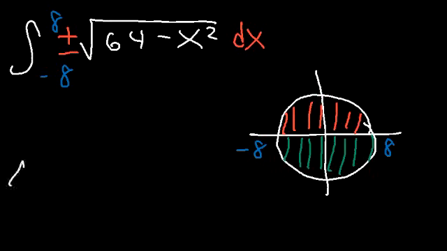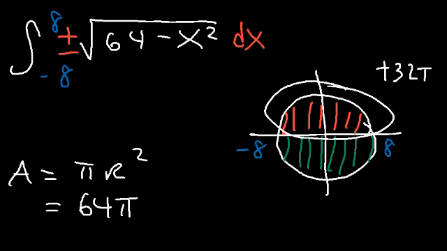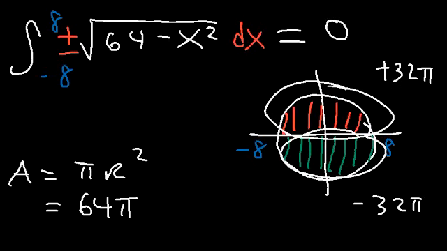The area of the entire circle is pi r squared. And r squared is 64, so it's 64 pi. But what about the value of the integral? The upper half of the circle is positive 32 pi. The bottom part is negative 32 pi. So the value of the integral is going to be 0. It's going to cancel the positive side and the negative side. So it adds up to 0.